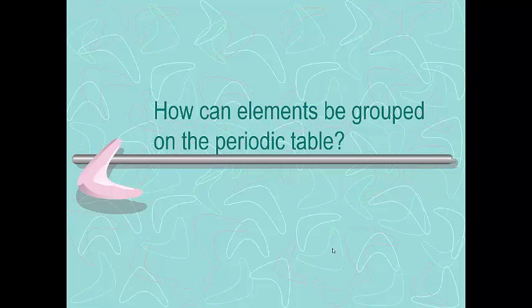Alright, finally, let's talk about how elements can be grouped on the periodic table. In this PowerPoint presentation, we're just going to talk about metals, nonmetals, and metalloids. When you guys get to class next time, we're actually going to talk about the periodic table families. Okay, but right now I want you guys just to focus on metals, nonmetals, and metalloids.